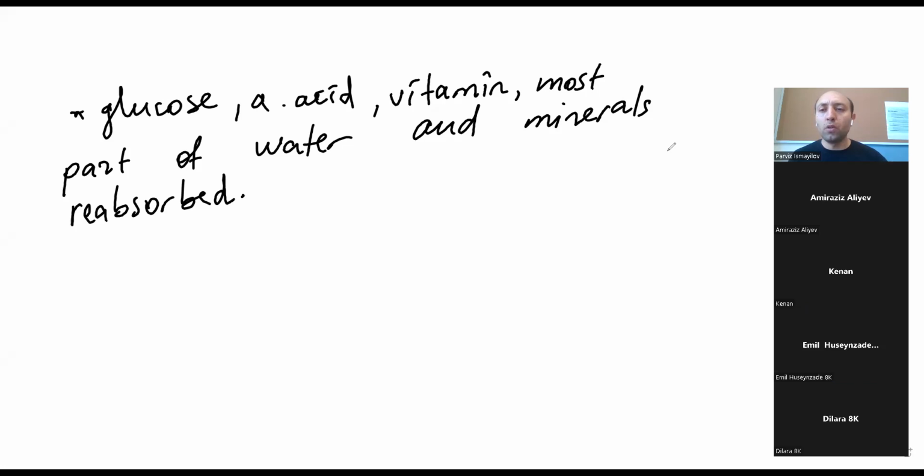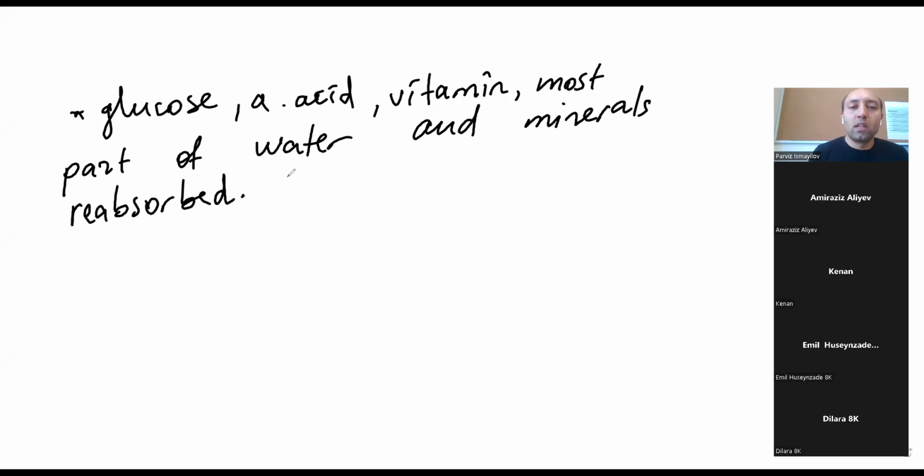I think we learned this in our previous lessons. There was a chapter, as you remember, where we talked about which processes relate to active transport or passive transport. And we had this example. Glucose is reabsorbed by the kidney by active transport, from low to high concentration, using energy and membrane proteins.